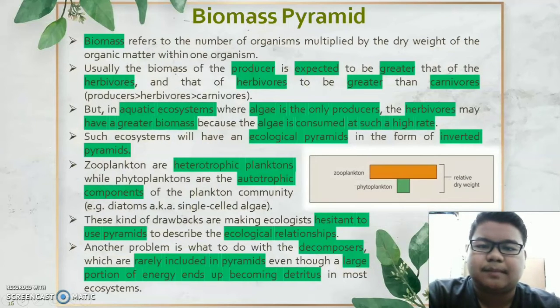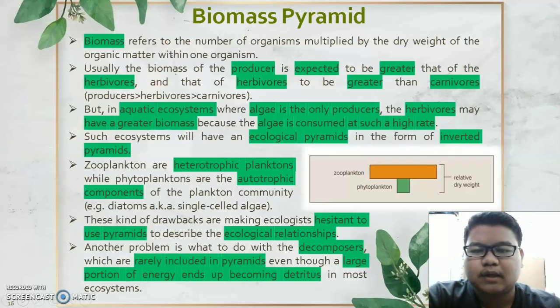Next, we have the biomass pyramid. Biomass refers to the number of organisms multiplied by the dry weight of the organic matter within one organism. Usually, the biomass of the producers is expected to be greater than that of the herbivores, and herbivores to be greater than those of carnivores.